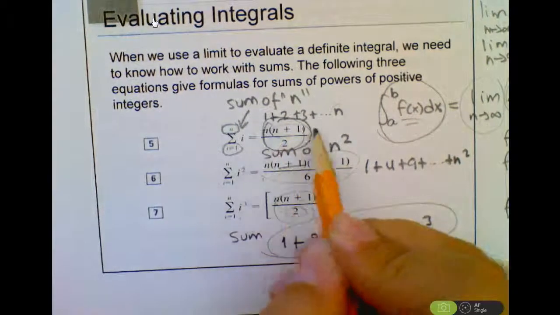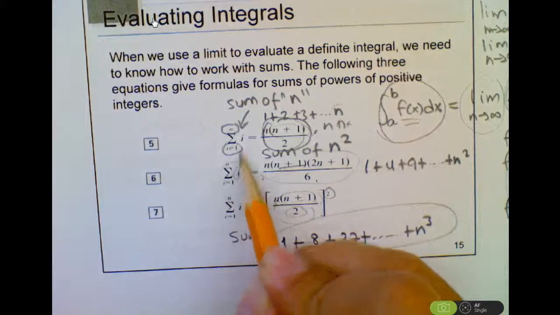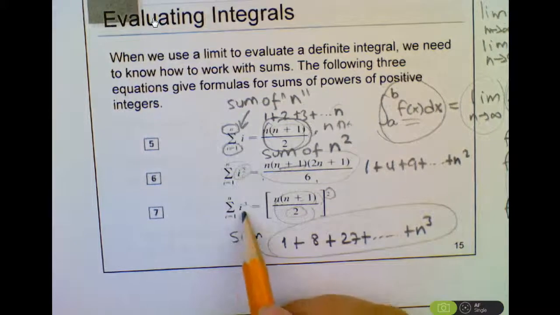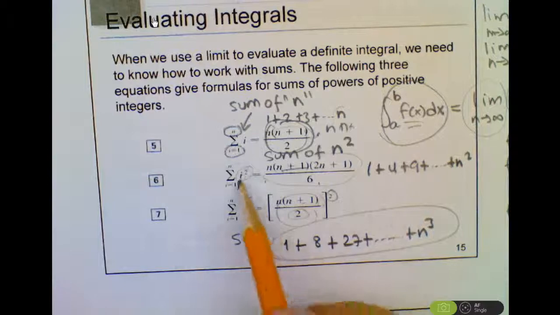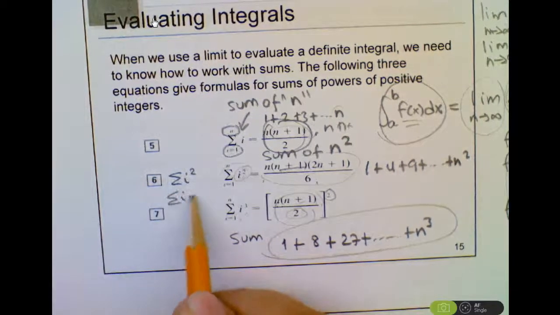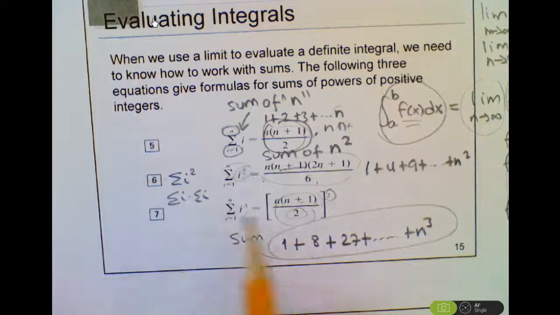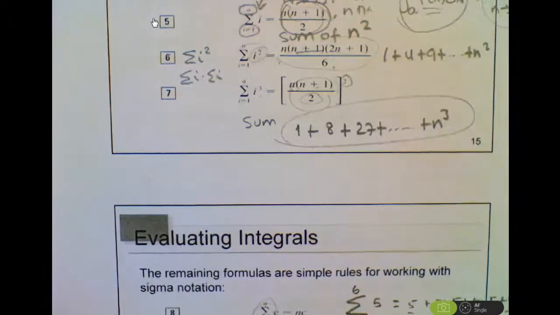If you multiply this by itself, you're not getting the summation of i squared, you're getting the summation of i cubed. So the summation does not distribute over multiplication. The summation of i squared is not the summation of i times the summation of i. It does not distribute over multiplication, only over addition and subtraction.